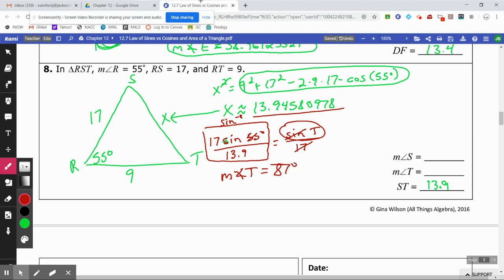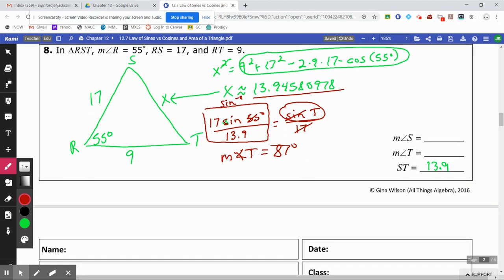But I have a problem here. Let's talk about this problem. Notice that I actually have all three sides of this triangle now. So this triangle is pretty set. If you got three sides, then we know that there's only one triangle that we can create given three sides.